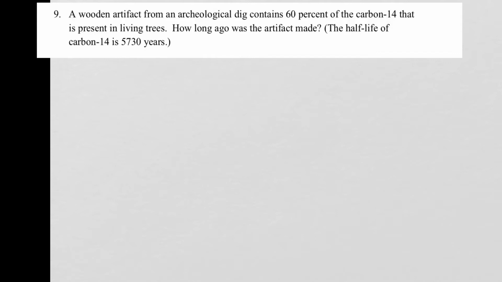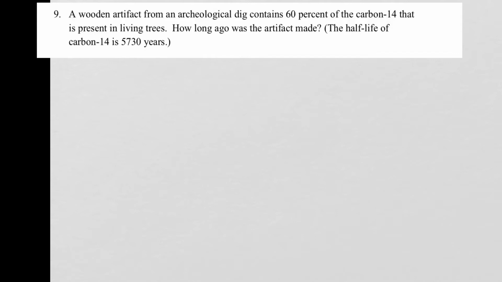And we're also told that the half-life of carbon-14 is 5,730 years. So the goal is to figure out how long ago the artifact was made, given that there would have been 100% of the carbon-14, and now there's only 60%, and we know the half-life time.